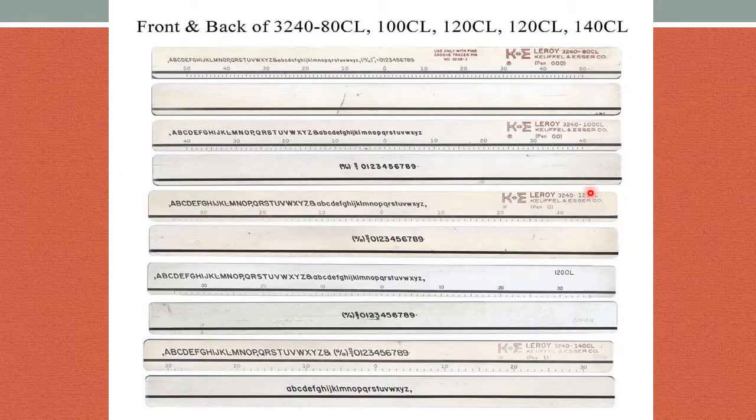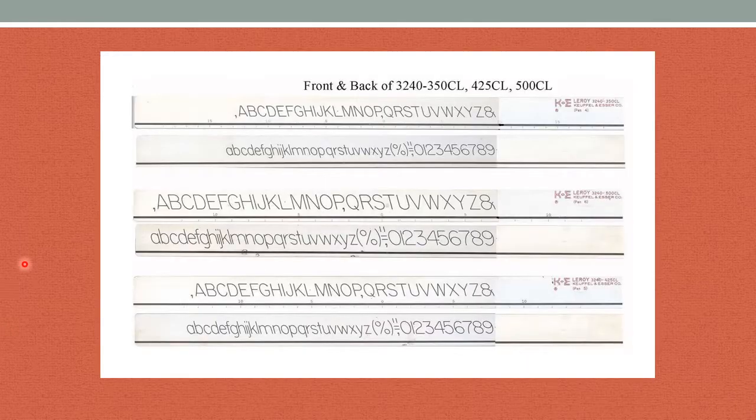They get progressively larger. In some cases, numbers are on the back side, lowercase and uppercase on the other side. In this case, because the letter starts getting so much bigger, we have lowercase on one side and uppercase and numbers on the other side. And you can see how much bigger these all get.